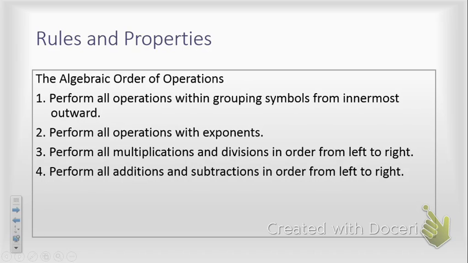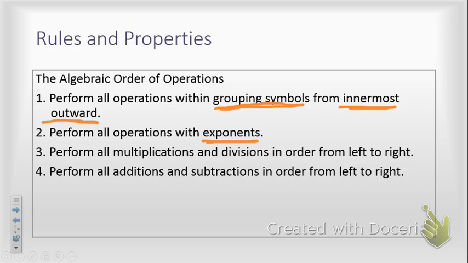Now here are your rules and properties. So these are the ones we're going to follow. First thing, perform all operations within grouping symbols. So look for those grouping symbols first, and you work inside to out. So innermost to out in your grouping symbols. Number 2, perform all operations with exponents.